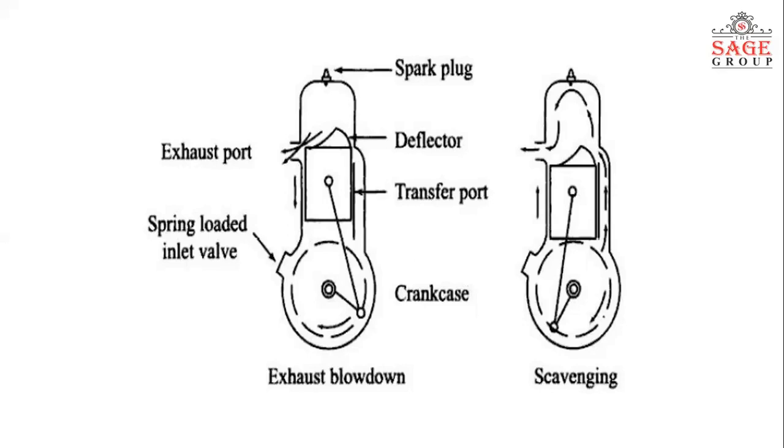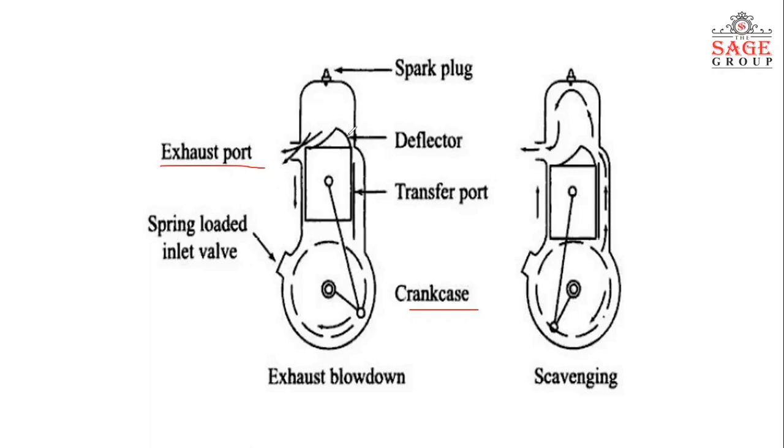The induction of the compressed charge, in the crankcase or by a blower, moves out the products of combustion through the exhaust port. Therefore, no piston strokes are required for these two operations, and only two strokes are sufficient to complete the cycle: one for compressing the fresh charge and the other for the expansion or power stroke.